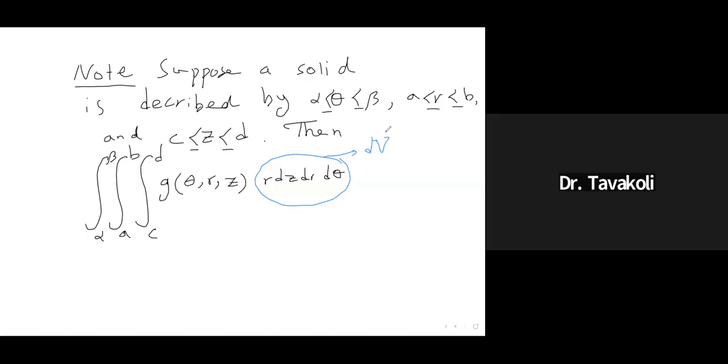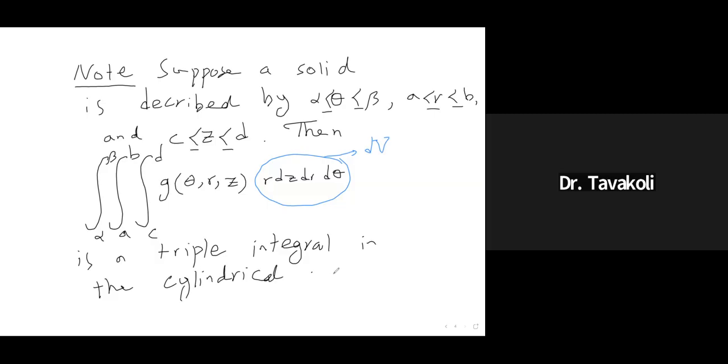So this is a triple integral in the cylindrical coordinates.